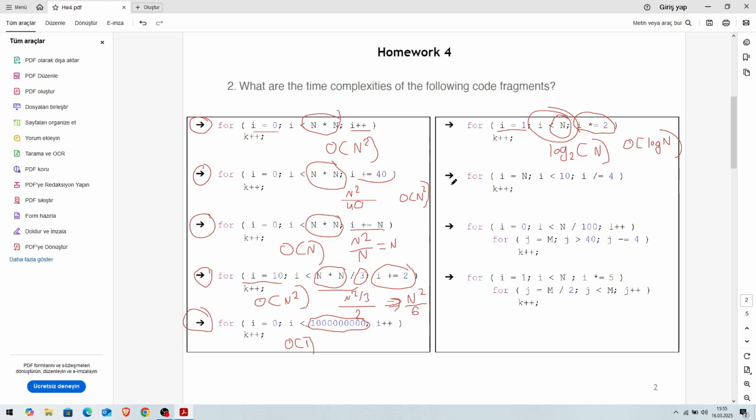When we look at the second question on the right side, the loop as written is a bit unusual, because if n is bigger than 10, the condition e lower than 10 is false right away, so the loop never runs. That is effectively O(1) time because it does 0 iterations.